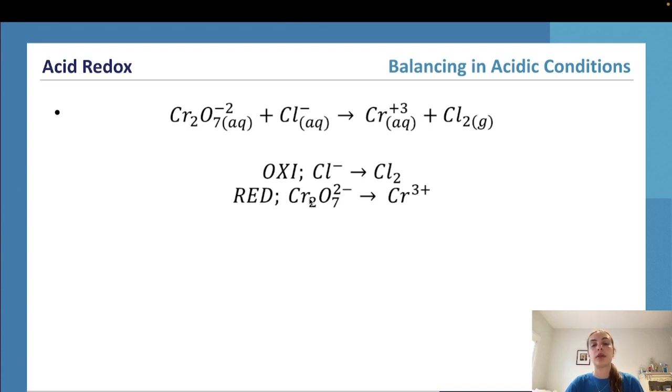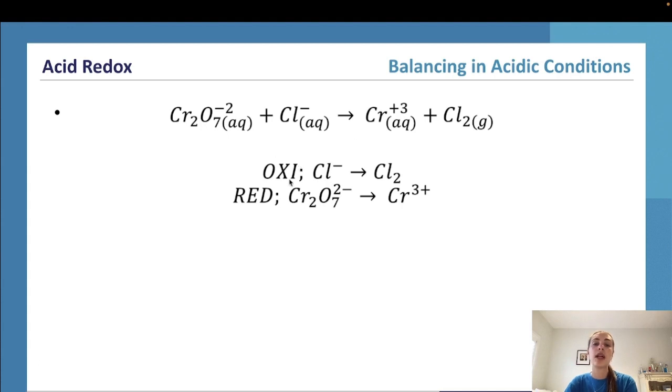So we do +12 divided by 2, and that gives us +6 per chromium ion. And so we can see our chromium ions are going from +6 to +3. That means they're gaining 3 electrons. They're becoming more negative because they've gained 3 electrons per chromium ion, and hence that is a reduction.